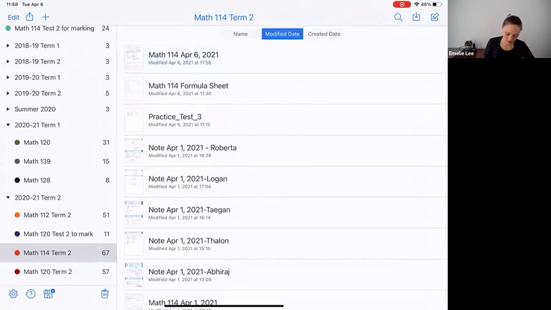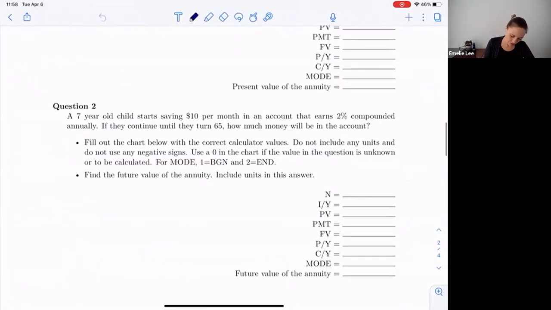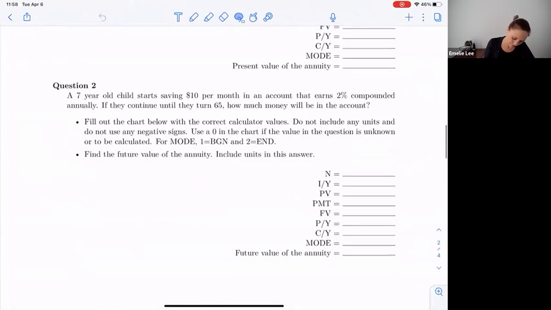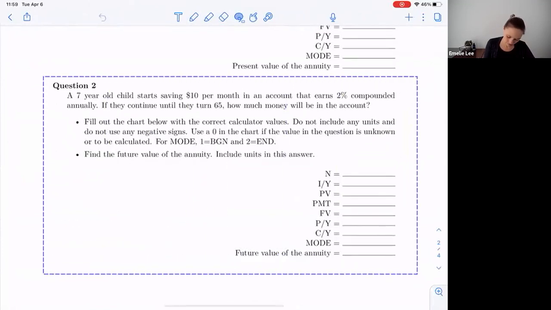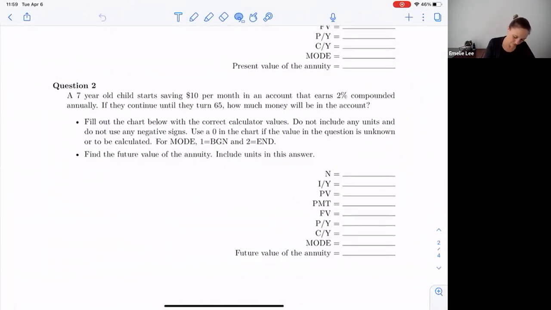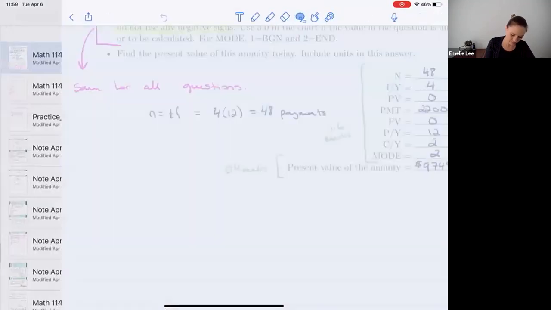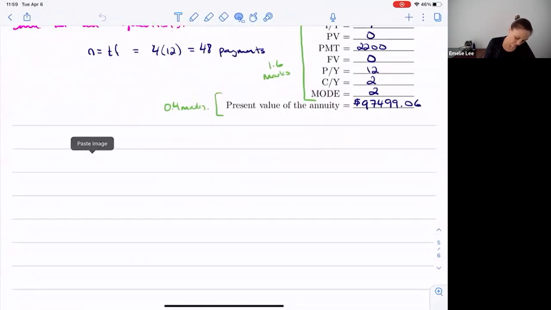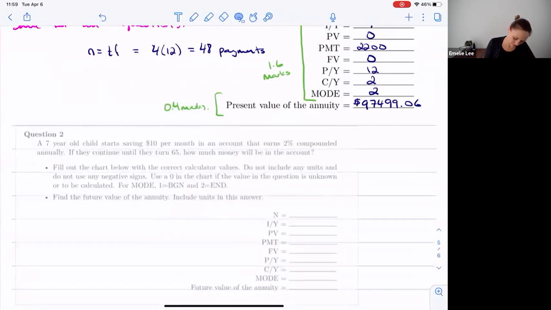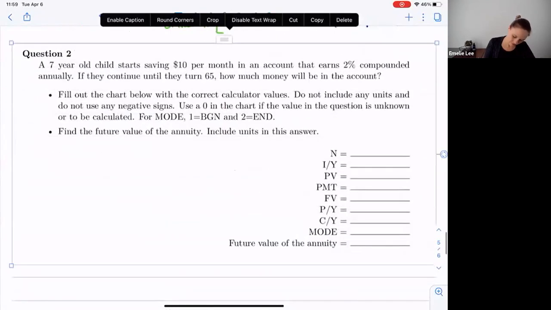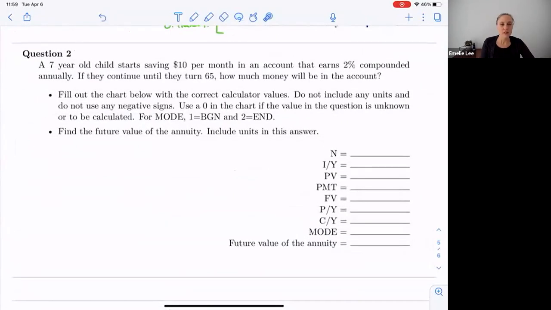Let's do question 2. A 7-year-old child starts saving $10 per month in an account that earns 2% compounded annually.